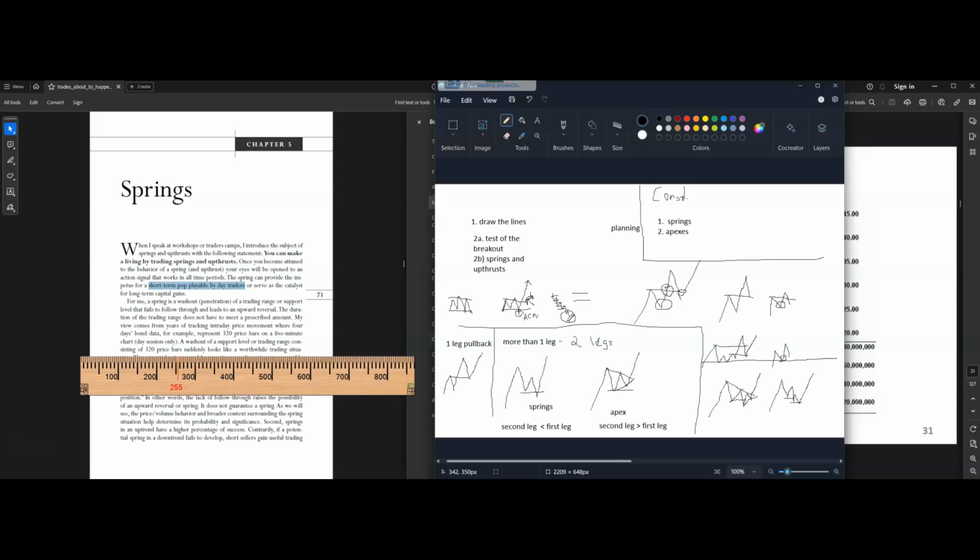So the question here is, you want to get the move up, what do you need to look for in the current price range so you can get in the rally? And one scenario for that is the spring. All right, I'm not saying it's the only one, because we know that apexes do it also. We also know there's sometimes crazy movement, but this is one good, easy setup.